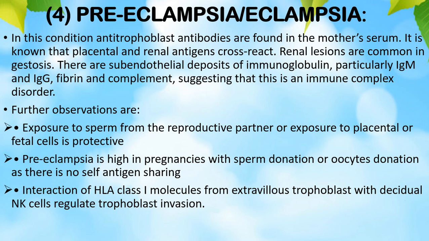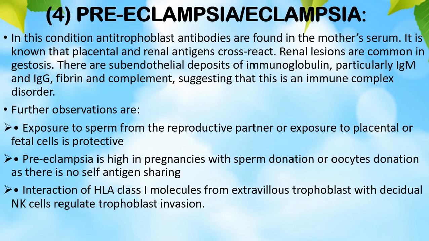There are subendothelial deposits of immunoglobulin, particularly IgG and IgM, fibrin and complement, suggesting that this is an immune complex disorder. Further, exposure to sperm from the reproductive partner or exposure to placental or fetal cells is predictive.